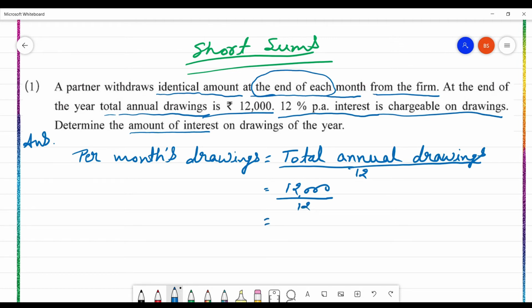The amount will be 1,000 rupees. This was the per month's drawings.